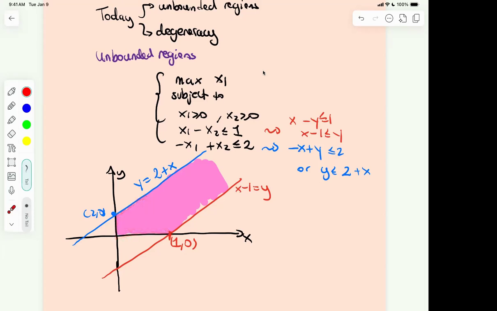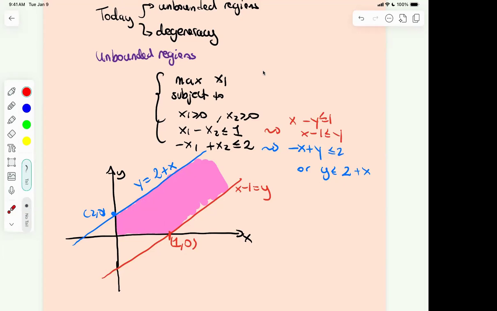Hopefully it is plausible that because the lines are parallel, they never intersect. So there is really no way to close off this region. This region goes on forever, always between the lines.